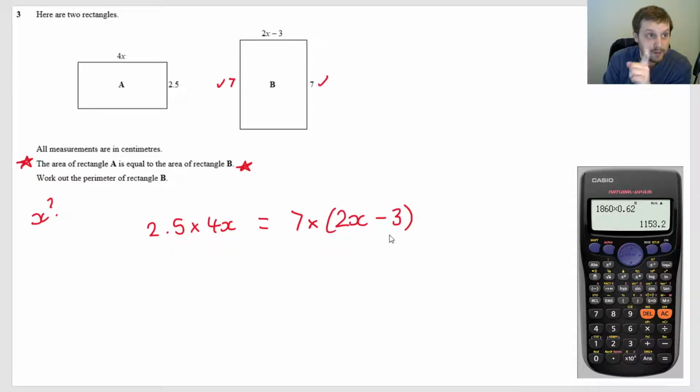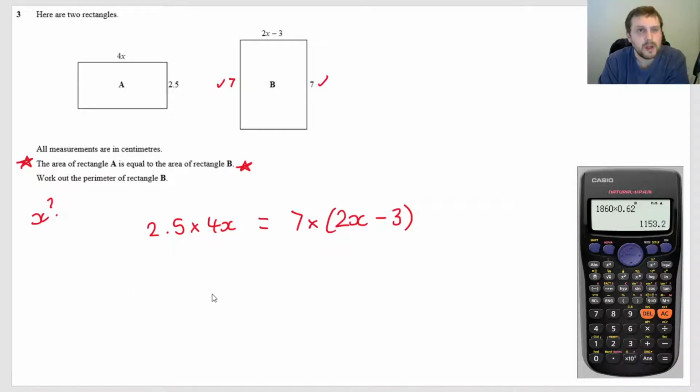I would have done 2x minus 3, gotten an answer, and then times that by 7. So the brackets are like brackets in BIDMAS. You need this answer before you multiply anything by 7. That's really important.